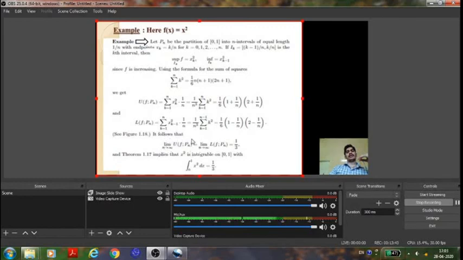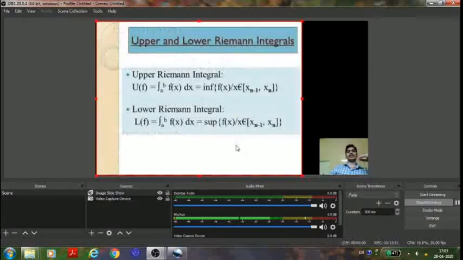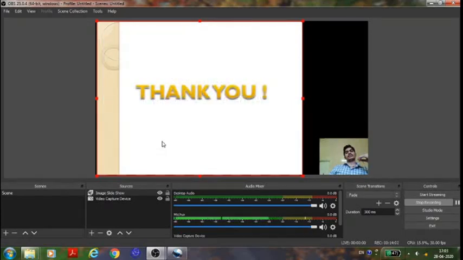That is nothing but taking the infimum or supremum. If they are equal, then the function is Riemann integrable. I forgot to tell you that if U(f) is equal to L(f), then the function is said to be Riemann integrable over [a, b]. Thank you.